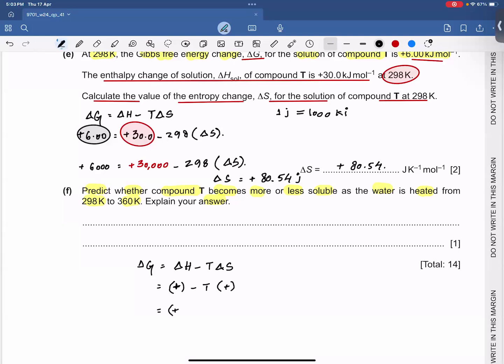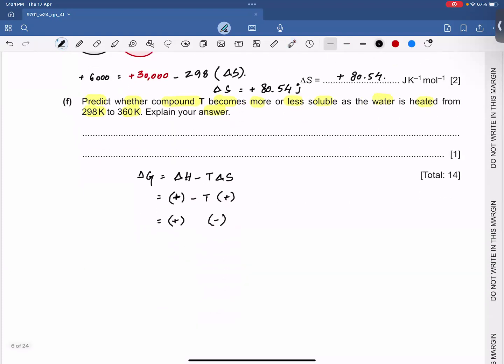So plus will remain as it is. This minus plus becomes minus. So when you increase the temperature, the whole T delta S term becomes more negative. So delta G becomes more negative at high temperature. And if delta G becomes more negative at high temperature, the reaction is going to be feasible. And therefore, if the reaction is feasible, obviously it's going to be more soluble in water at high temperature.